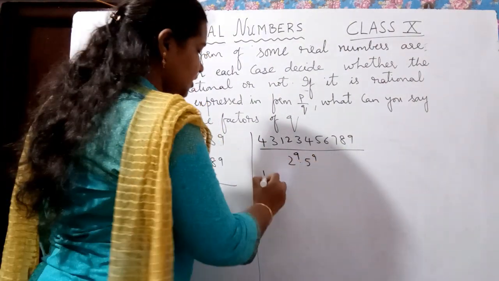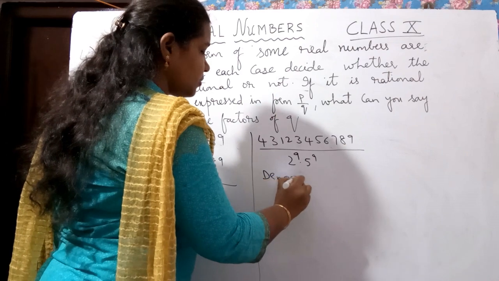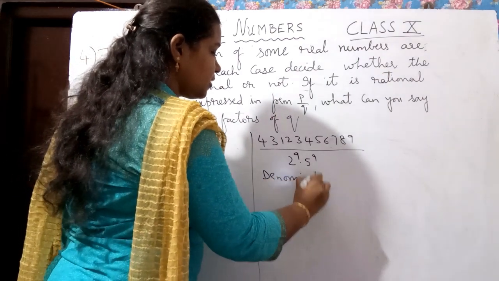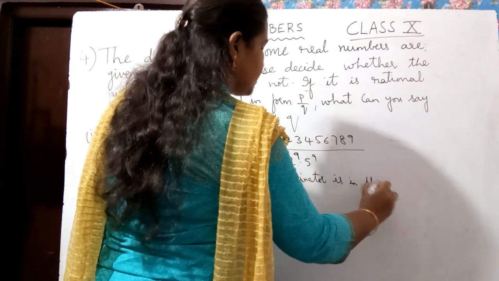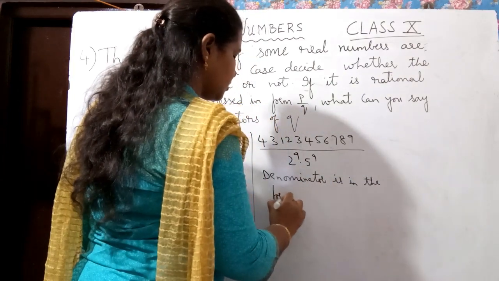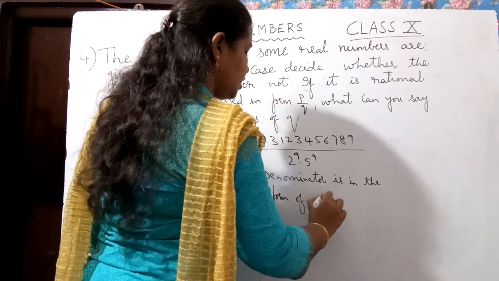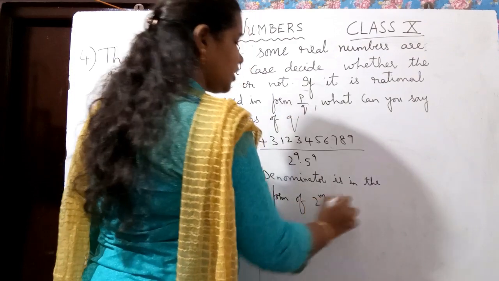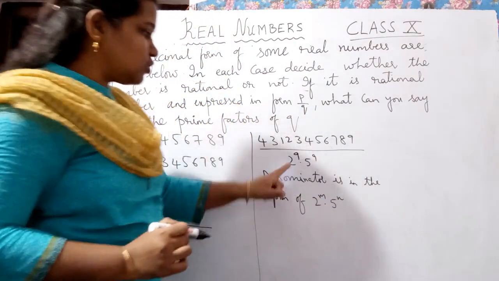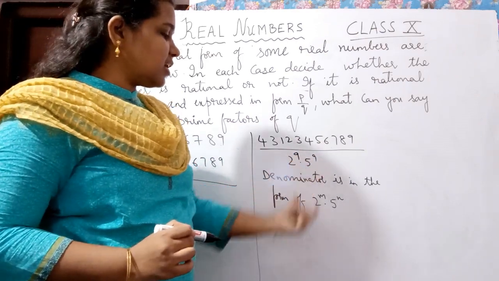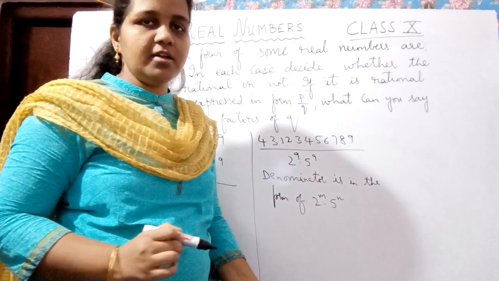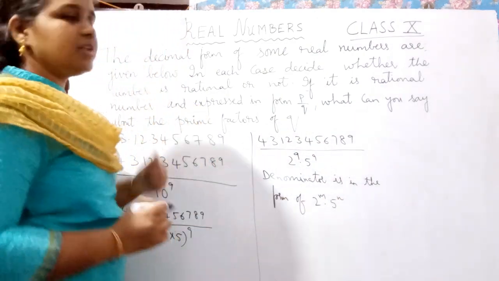If you observe, the denominator is in the form of 2 power m into 5 power n, where m and n are positive integers: 2 power some number, 5 power some number. If the denominators are in the form of 2 power m into 5 power n, then they are terminating decimals.